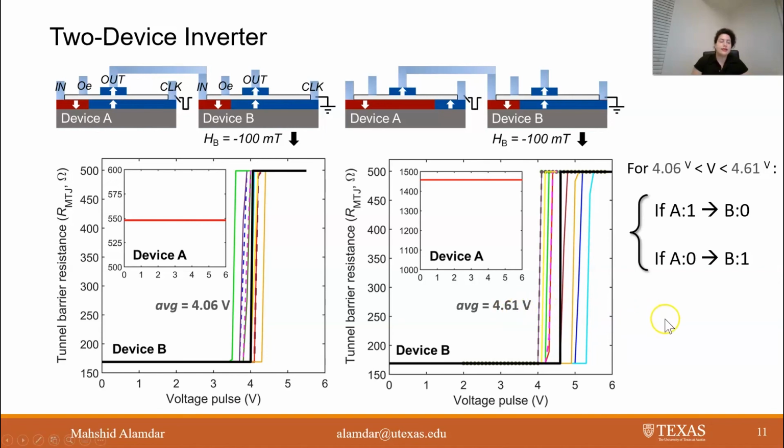When device A is in the low resistance parallel state and produces a high current, which means logical 1, device B switches to antiparallel resistance, which means logical 0. On the other side, when device A is in antiparallel and it is 0 state, device B is still in the parallel resistance, which is state 1.